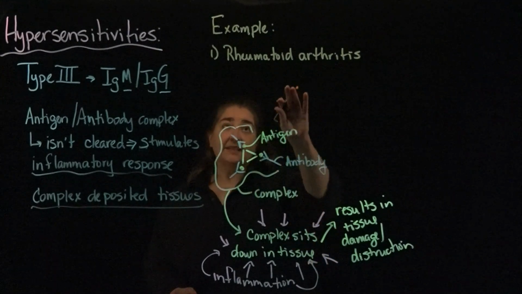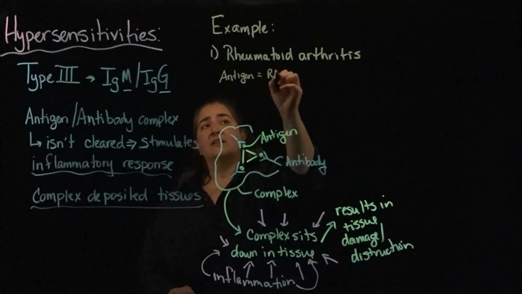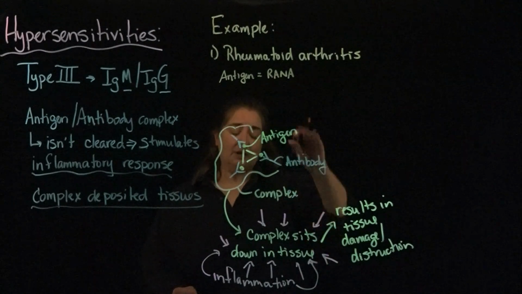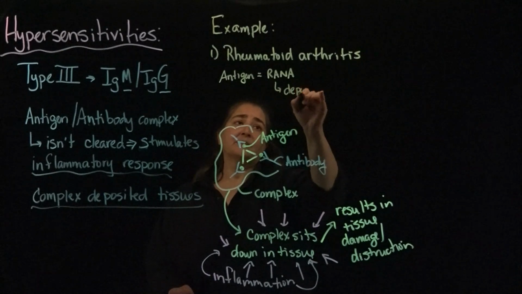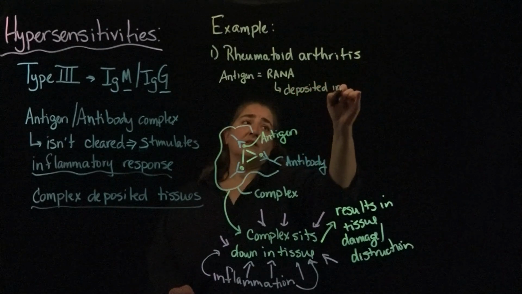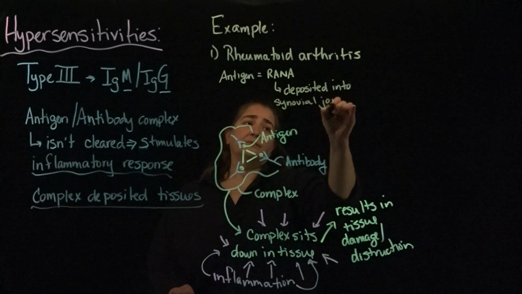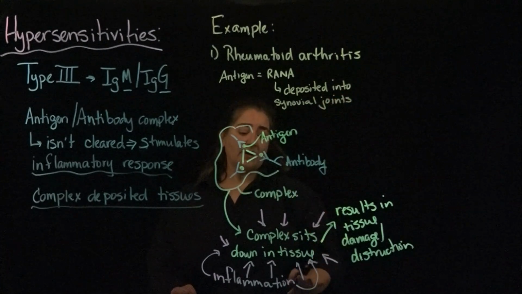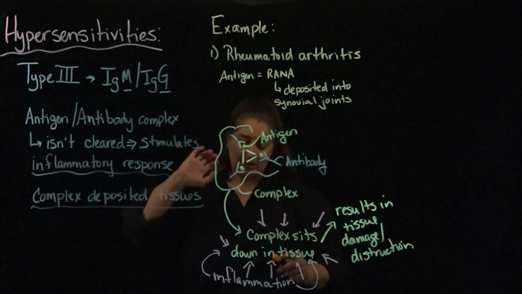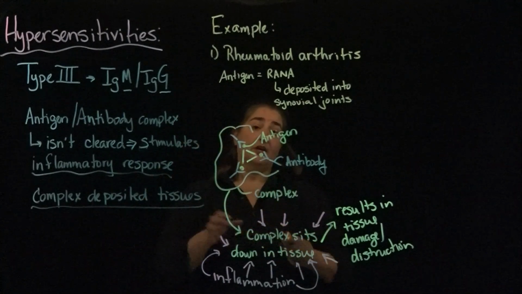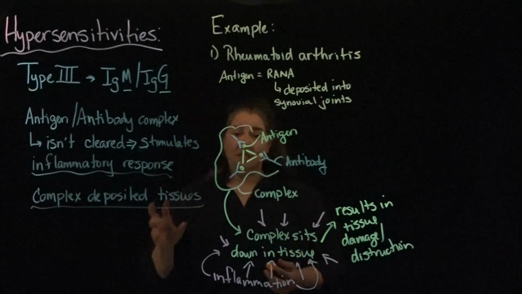In this case, our antigen is called RANA, and that RANA ends up being deposited into synovial joints. And that chronic inflammation associated with that is what results in the rheumatoid arthritis destroying the joint. Now, rheumatoid arthritis destroys the joint in a different way than osteoarthritis does.